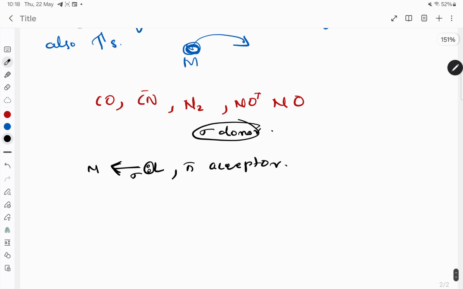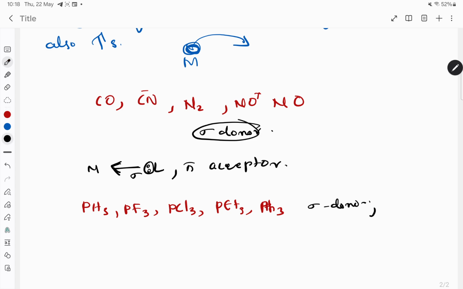And some other ligands like PH3, PF3, PCl3, PEt3 and PPh3 are again sigma donors and pi acceptors. But what is the difference between this pi acceptor and that pi acceptor?